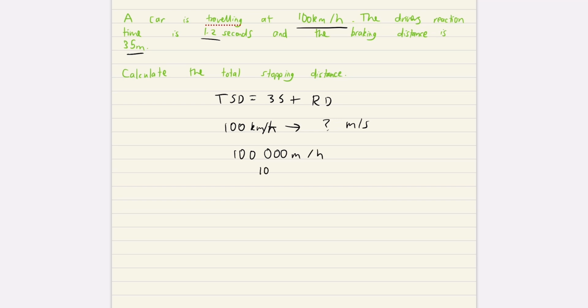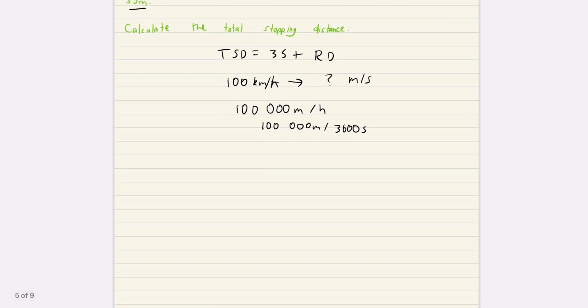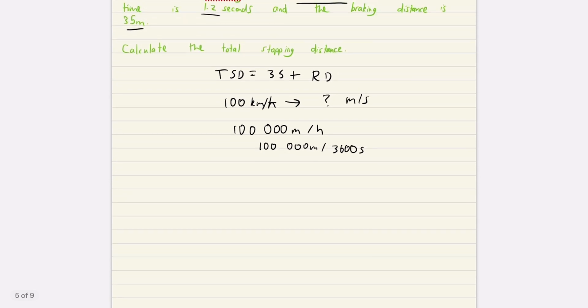And now if I convert the hours to seconds, what I'm going to have to do is, 1 hour is 60 minutes. There are 60 seconds in 60 minutes. So I'm going to get 60 squared, which is equal to 3,600. So the car is traveling 100,000 meters every 3,600 seconds. But I don't want how far the car is traveling over 3,600 seconds.